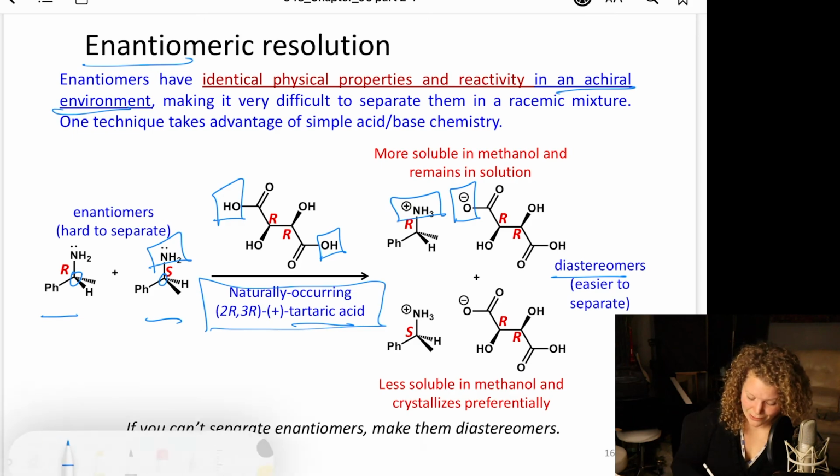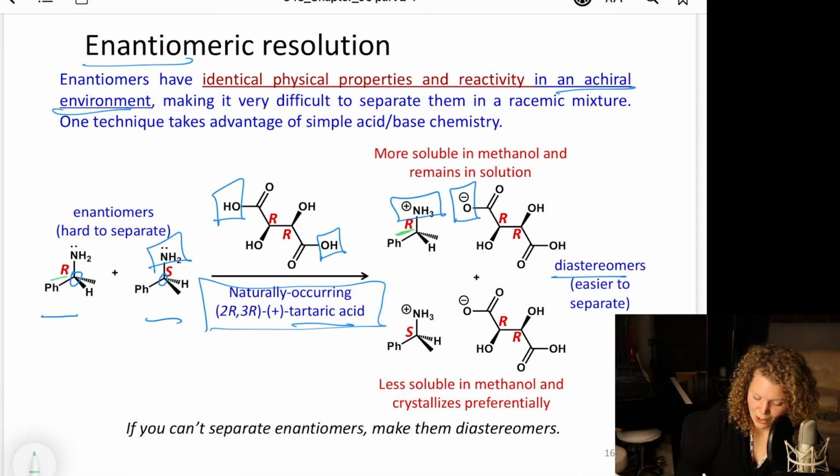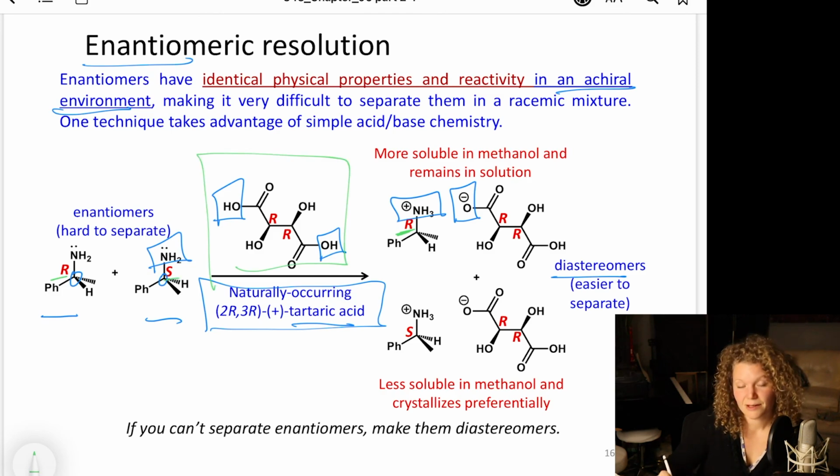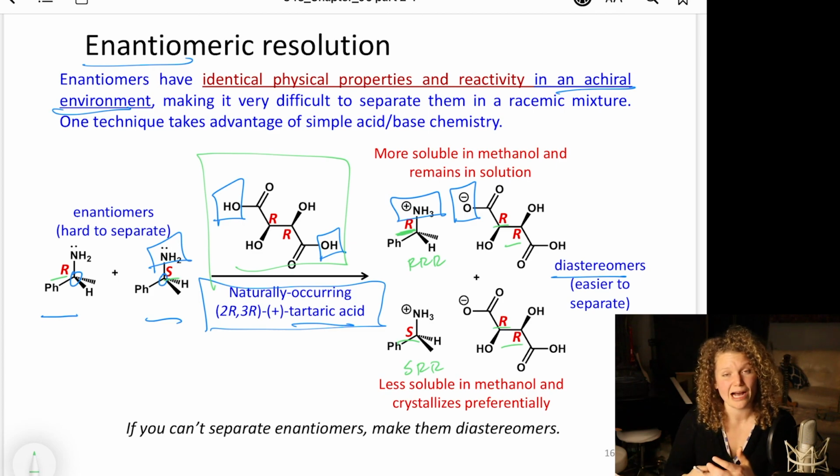That's because if we look at the chiral centers here, we have an R and an S we're starting with. When they interact with this tartaric acid, they make this complex that has, in one case, an R, an R, an R. All right, so R, R, R. And this complex here is an S, R, R. The relationship between these two complexes is diastereomeric.